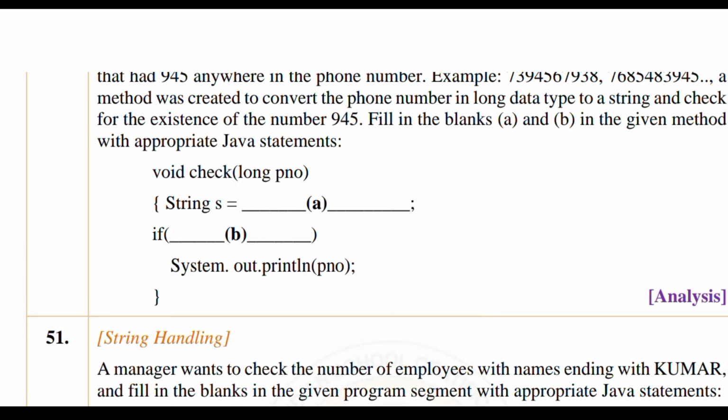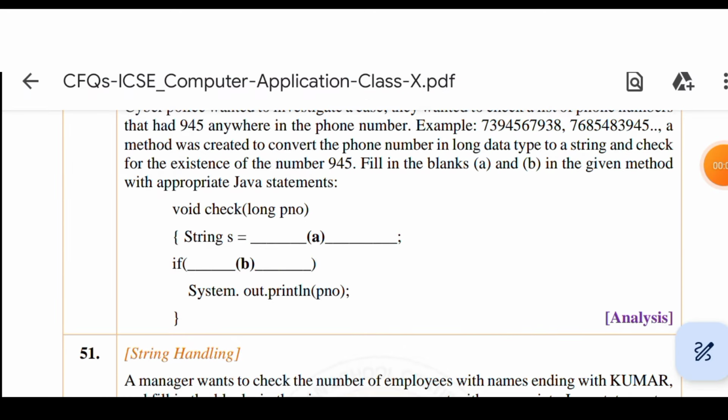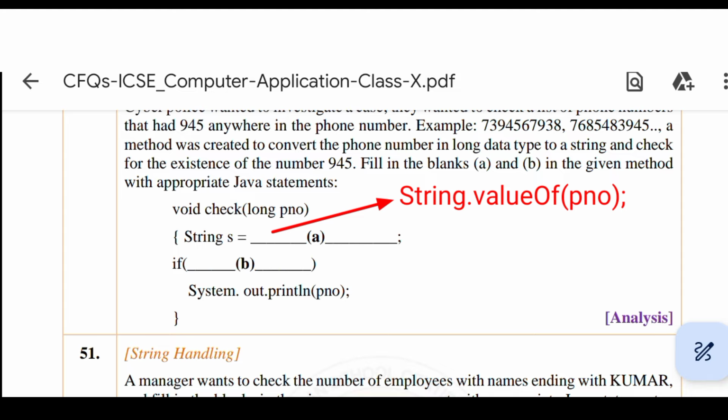See the first one: how to convert any data type to string. We all know that there is a method valueOf. So we will use the valueOf method of the String class. It will convert the long value into string format, so each digit will become a character. Now what do we have to look for? We have to see the presence of 945. These 3 digits will be considered part of the string, and we have to see whether they are present or not.